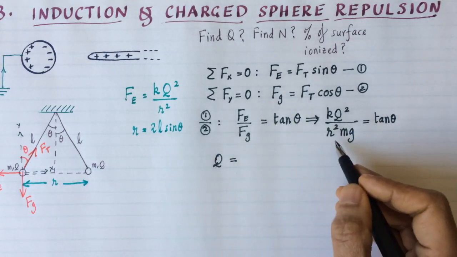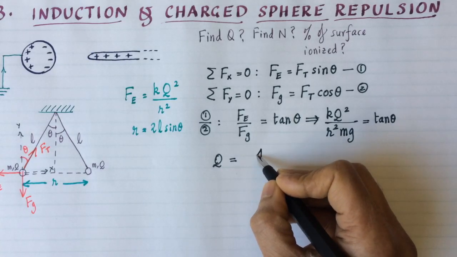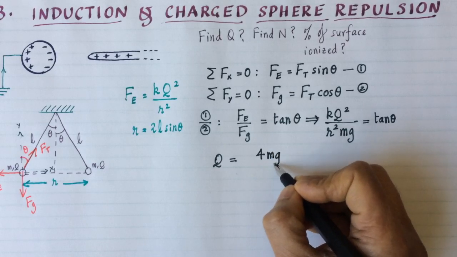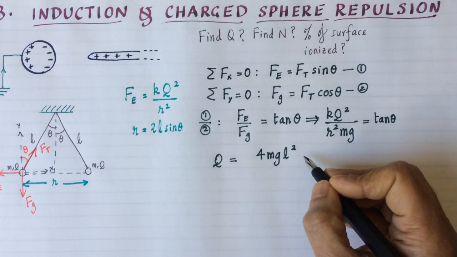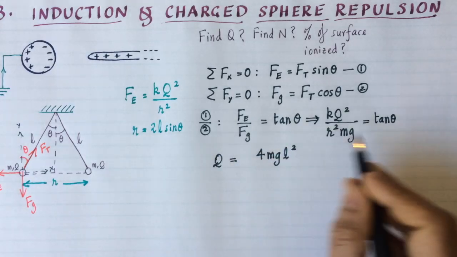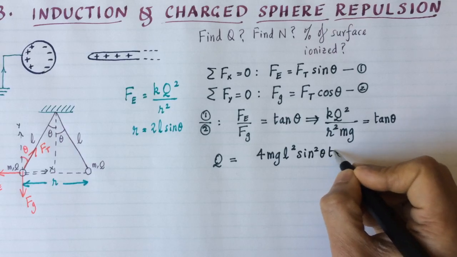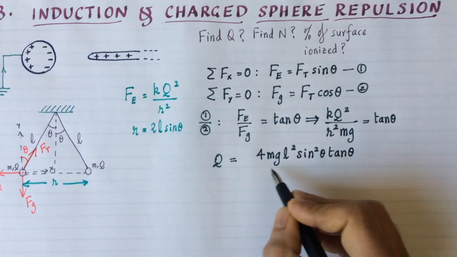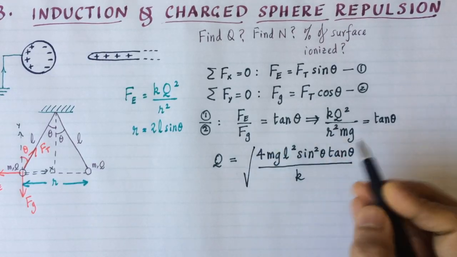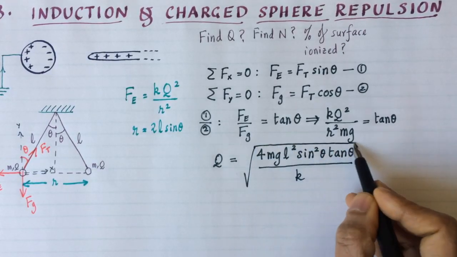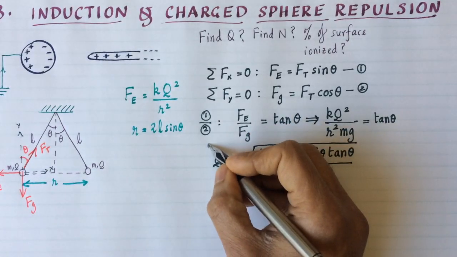So r squared will become 4L squared. q equals the square root of 4L squared times mg sine squared theta times tan theta, divided by the Coulomb constant k. So this is our expression for the charge.